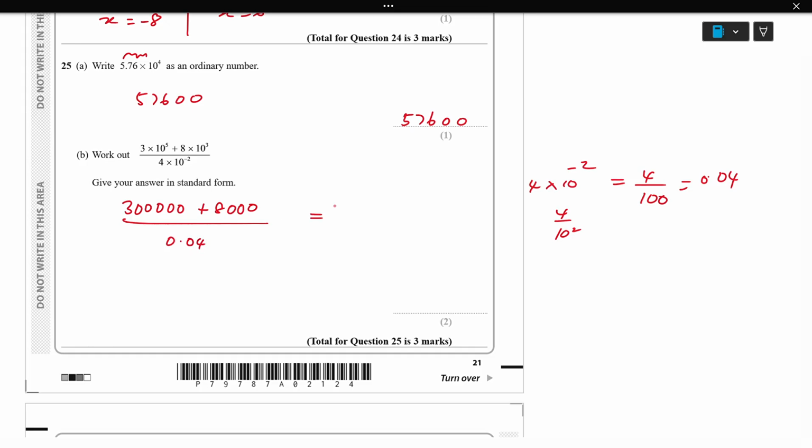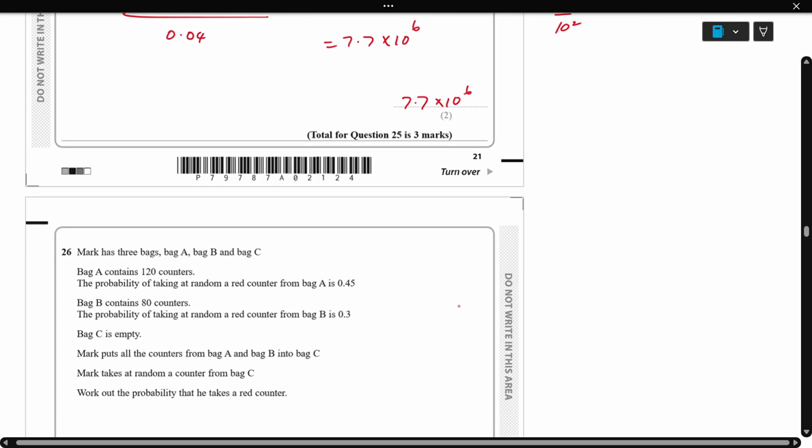So the answer is 771234 zeros we'll get. Here we need to give the answer in standard form. So 1, 2, 3, 4, 5, 6: 7.7 × 10^6.